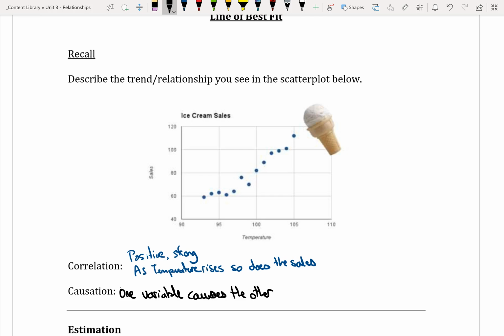I want to be careful of saying that the temperature causes the sales to increase, because there may be other factors that go into play that maybe I don't see on my scatter plot. And keep in mind that the scatter plot is only looking at two variables. So you want to be careful in saying that one variable causes the effect of the other.